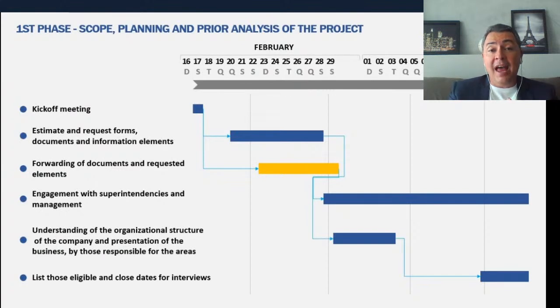And we do that by understanding the organization structure of the company, first getting the C-level involved, then getting to know the organization structure of the company. And then we need to start to dig a little bit deeper and start interviewing every manager. Sometimes the manager doesn't have all the information you need.